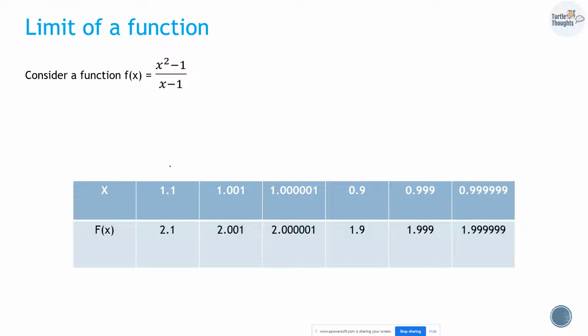Now, similar to this, what will happen when I substitute x is equal to 1? When I substitute x is equal to 1, f of x is going to be 1 square minus 1 over 1 minus 1, 0 over 0. So here I am getting 0 over 0.